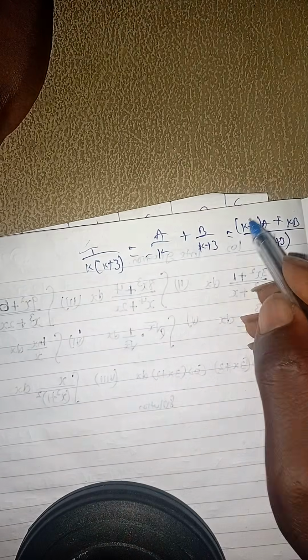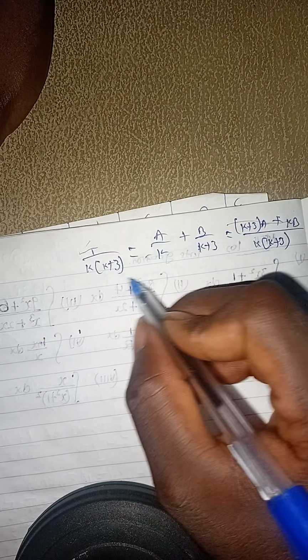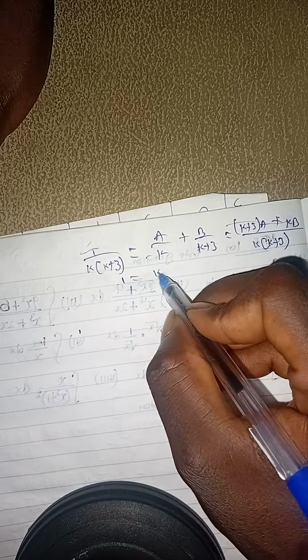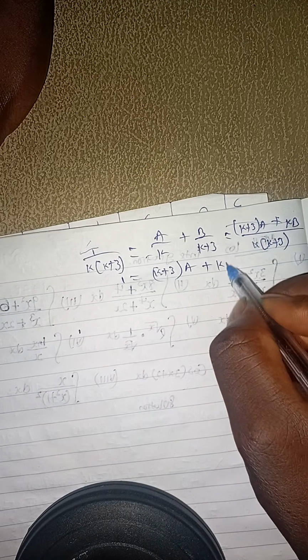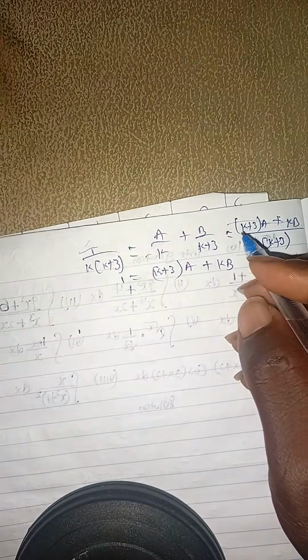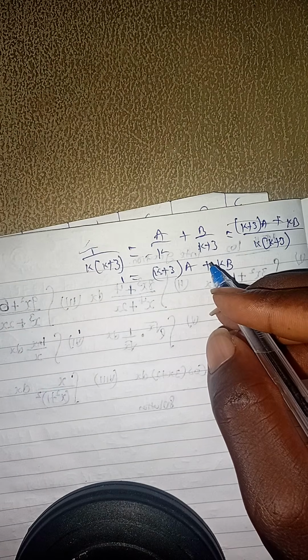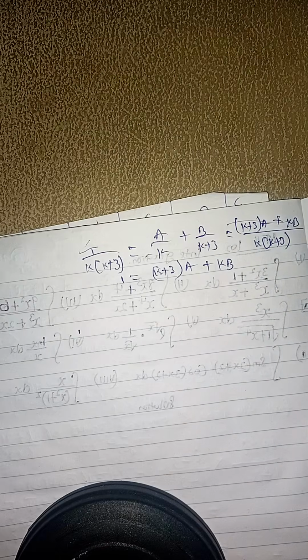So this one is equal to this because they are both numerators. So 1 equals k plus 3a plus kb. If you don't know partial fraction, just wait for a video that we do on partial fraction. But learn the telescopic series now.